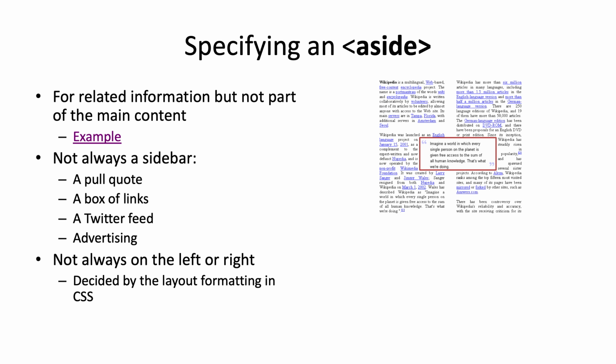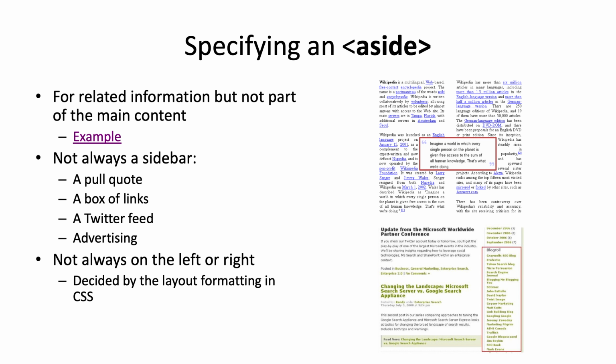For example, this is a sidebar which contains a quote, and you can use CSS to put it in the middle of the page. And this is maybe a more common appearance of a sidebar, which on the right contains links to a few other resources.